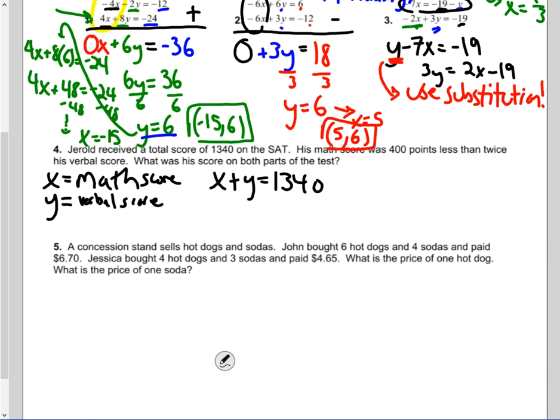Now his math score was 400 points less than twice his verbal score. So if we take his verbal score, y, multiply it by 2, and then subtract 400, we will get his math score. Oh, great. Looking good.